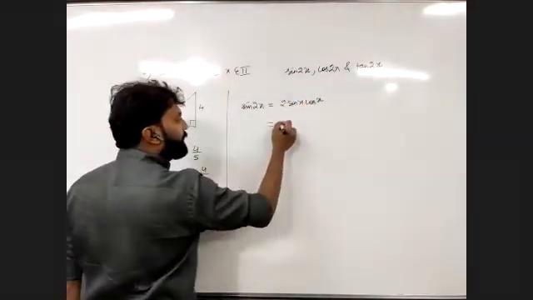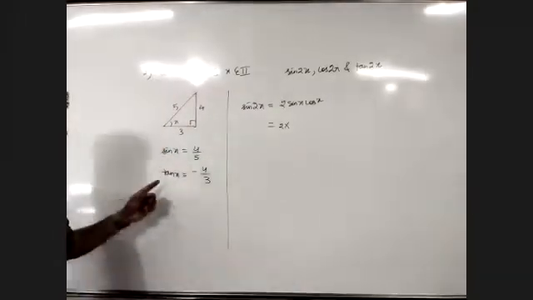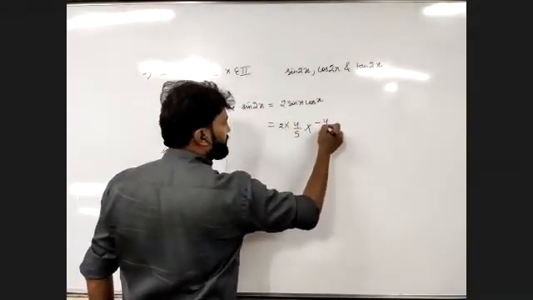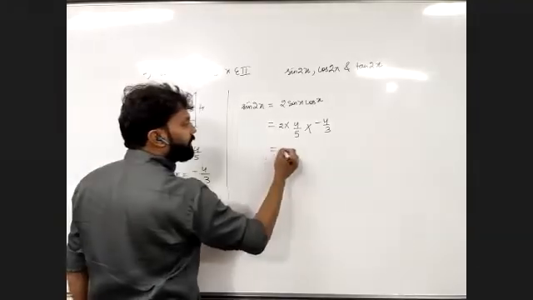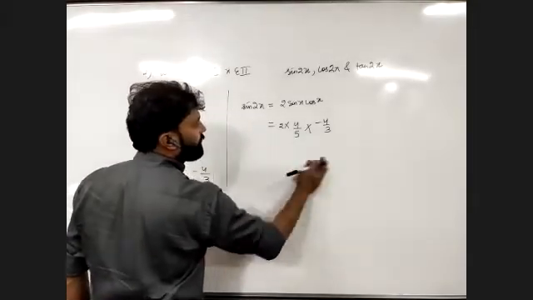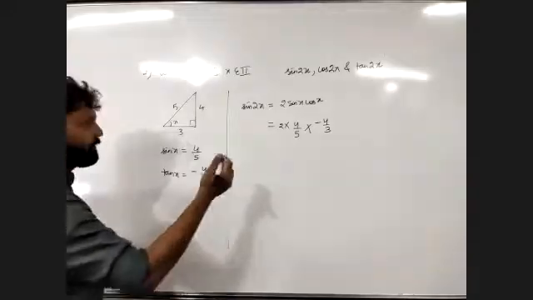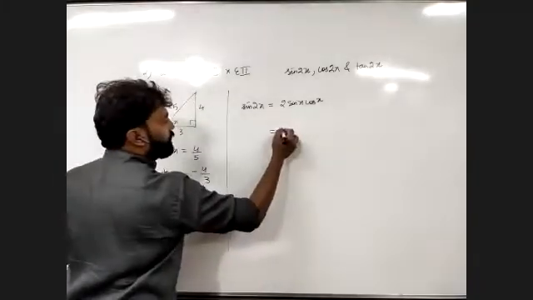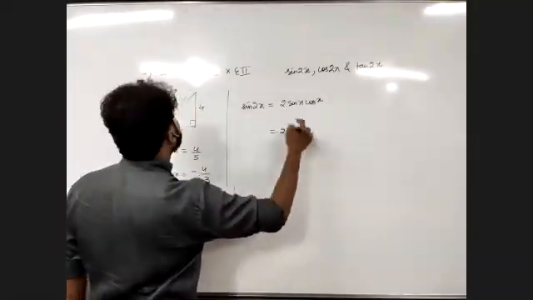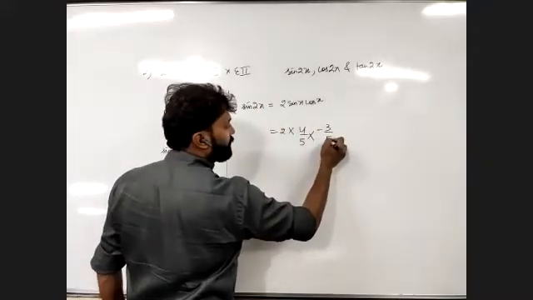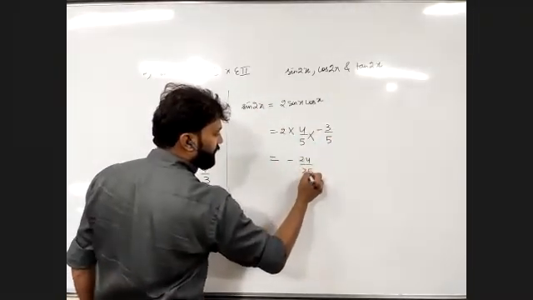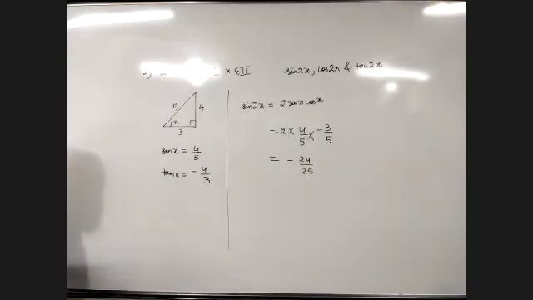So this will be 2 into, in place of sin x, 4 upon 5, in place of cos x, minus 3 upon 5. So this will be minus 24 over 25. That's the value of sine 2x.